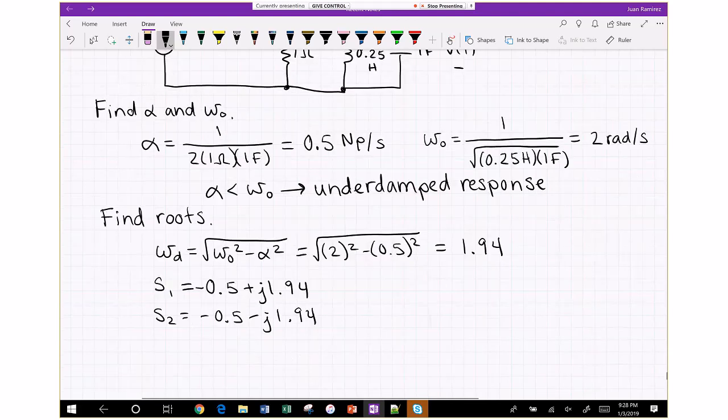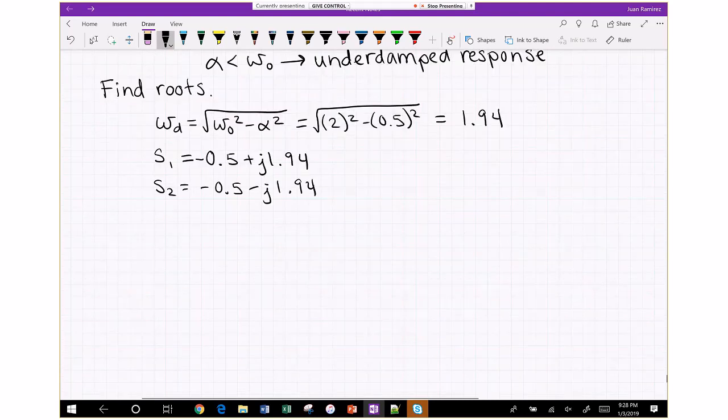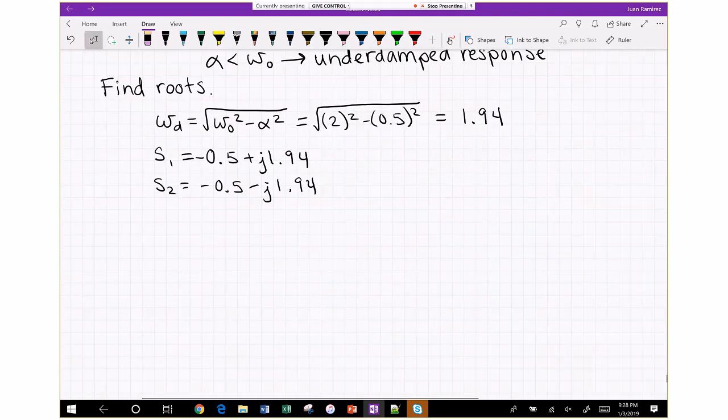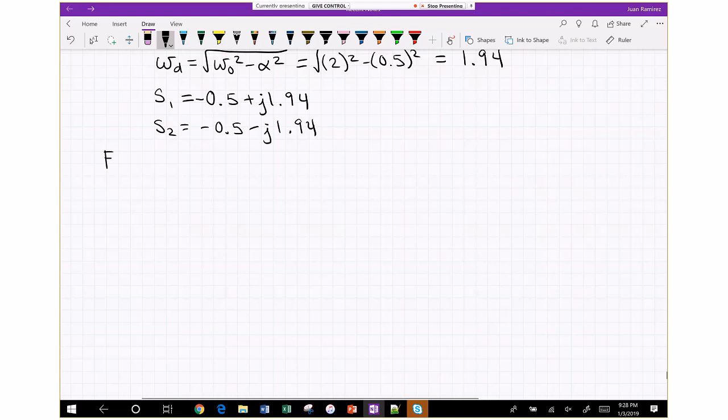Now we'll try to find the initial conditions. The initial conditions we're looking at are the capacitor voltage right after the transition and the rate of change of the capacitor voltage right after the transition.